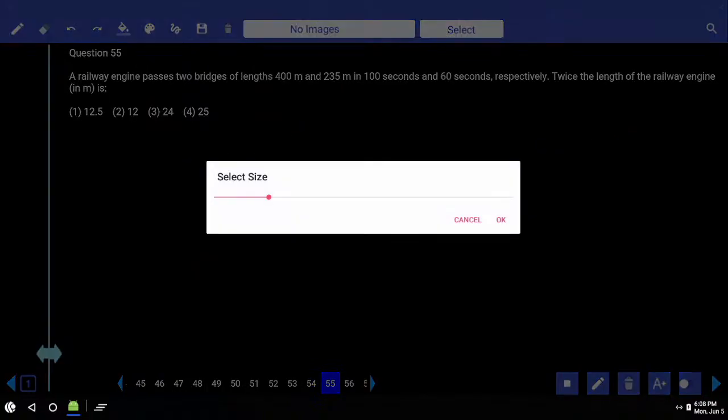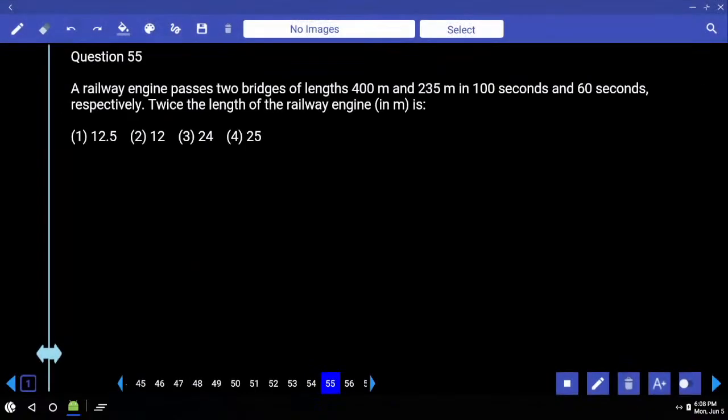Next. A railway engine passes 2 bridges of length 400 meter and 235 meter in 100 seconds and 60 seconds respectively. Twice the length of the railway engine is asked. While crossing the bridge, what is the distance travelled by the train? Length of the bridge plus length of the engine.